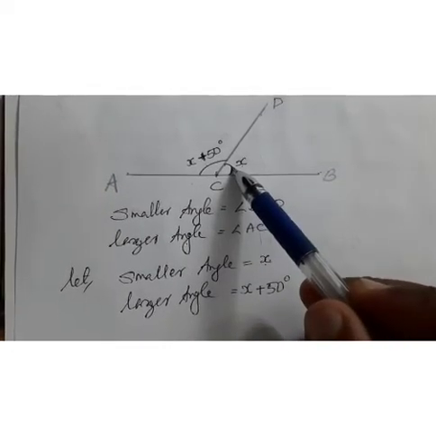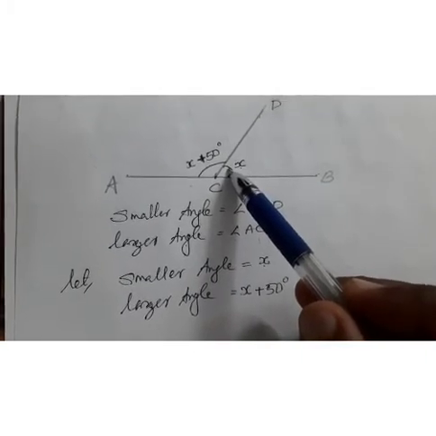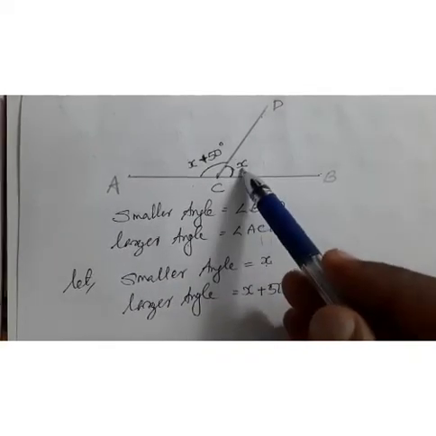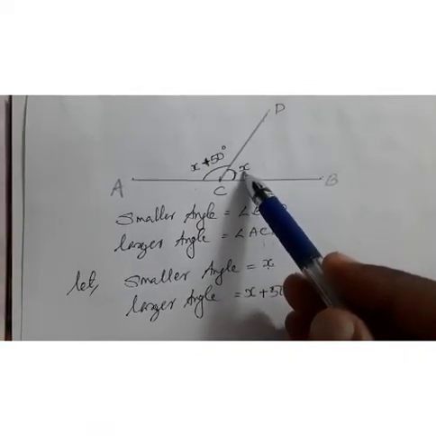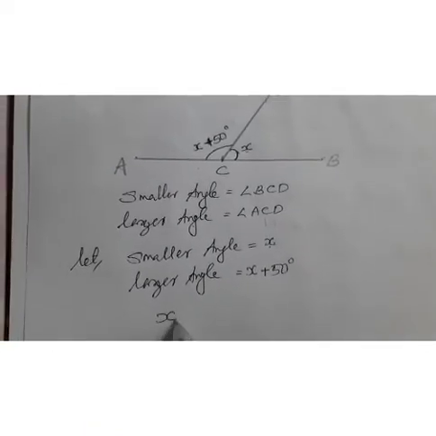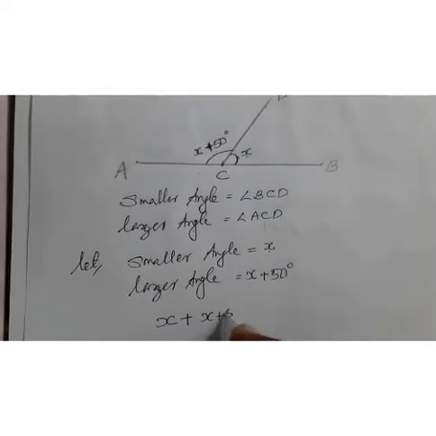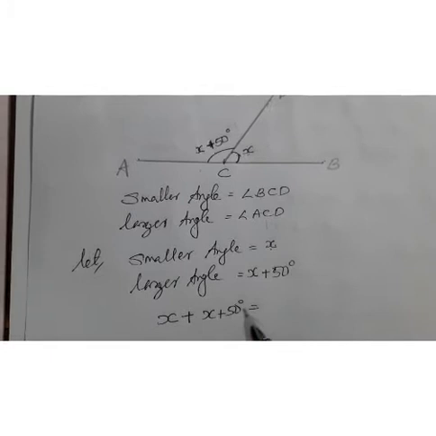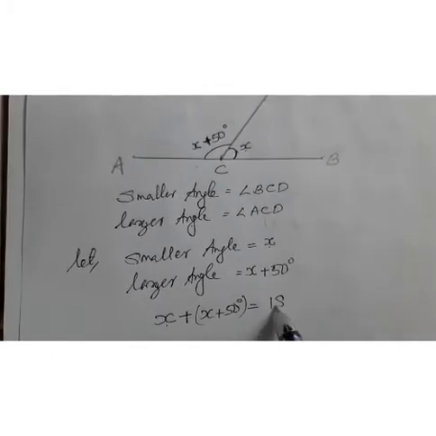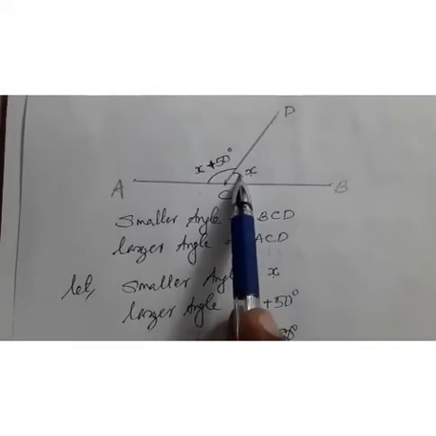These are linear pairs. And what is the sum of linear pairs? That is 180. That means this angle and this angle added, you will get the sum as 180. So you can write the smaller angle plus the larger angle, x plus x plus 50, is equal to 180 degree, because this is the sum of linear pairs.